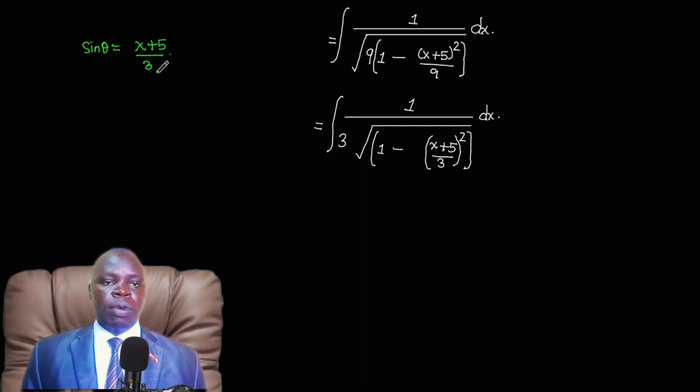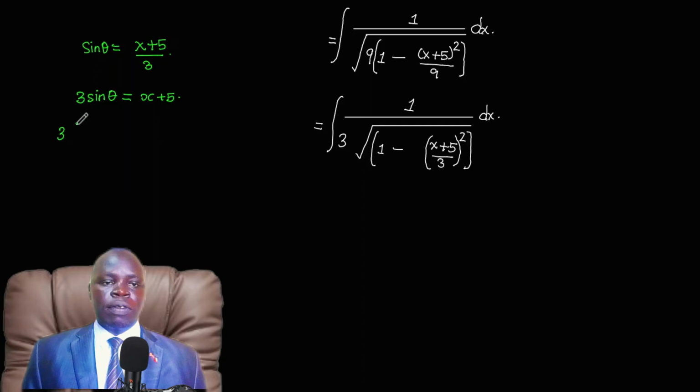Now let's remove this denominator by multiplying it through, and we have 3 sine theta equals x plus 5. So let's differentiate the left hand side with respect to theta, and we can copy our 3 here.